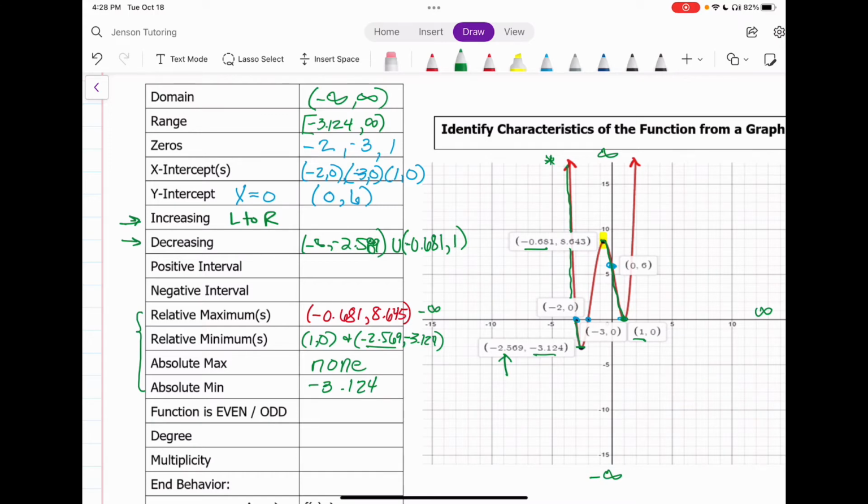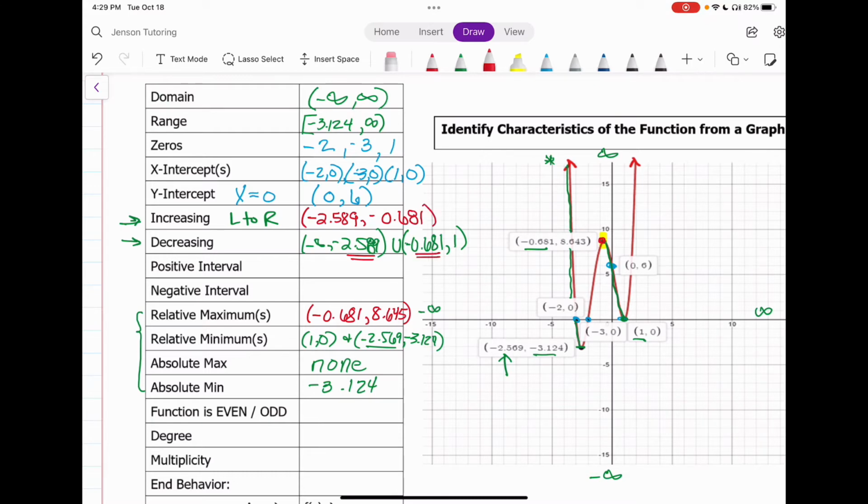So the increasing values, again, I'm doing my x values. So my x values, where the graph is increasing, it's going to be the same value as this, and it's increasing until I get to my relative maximum right here of negative 0.681.